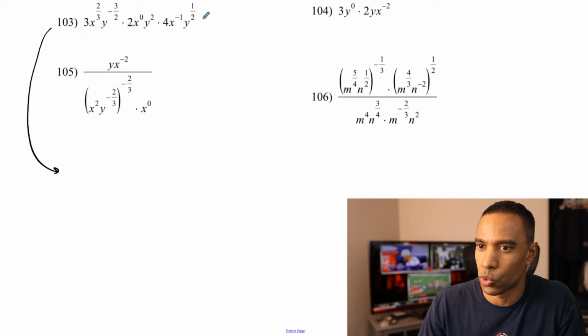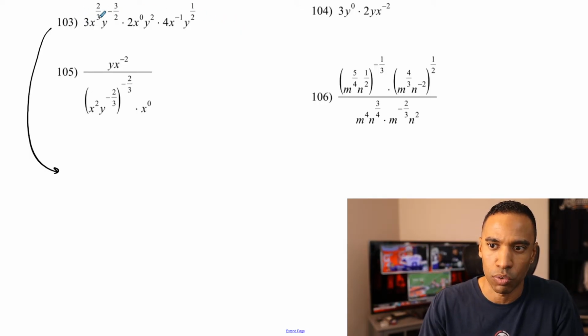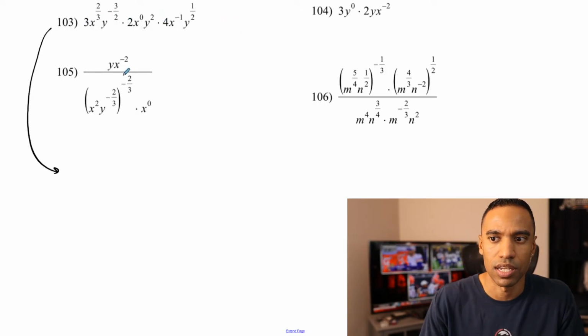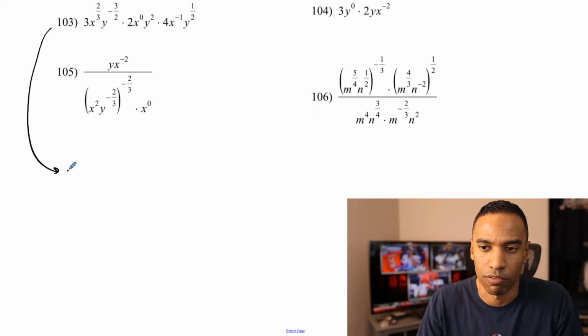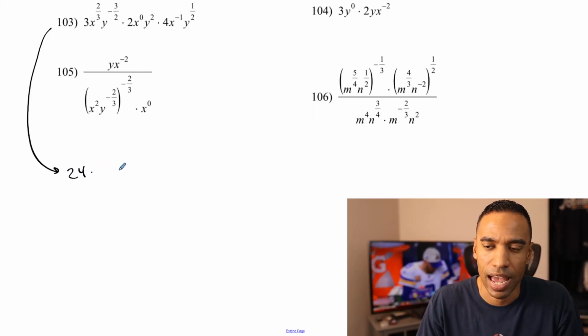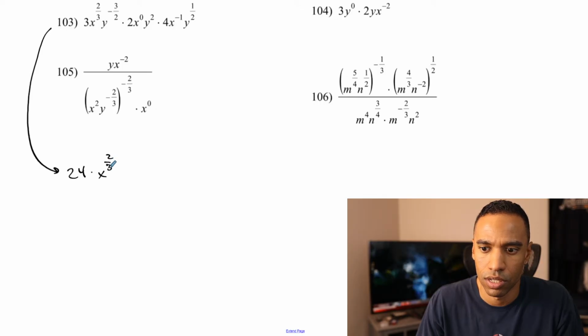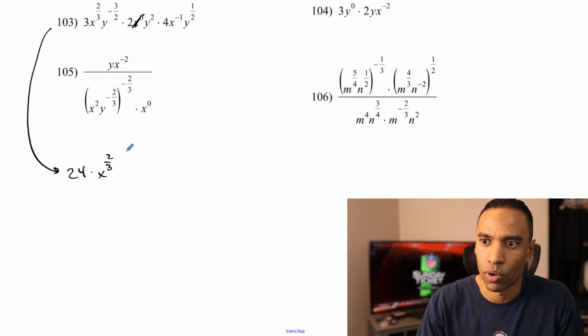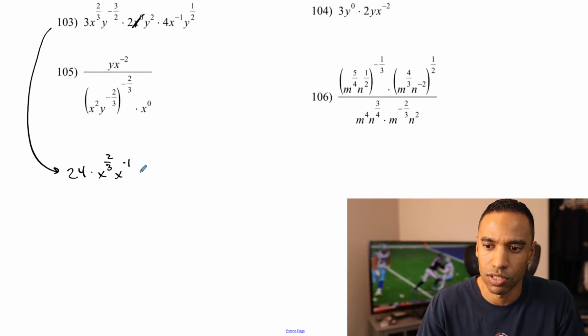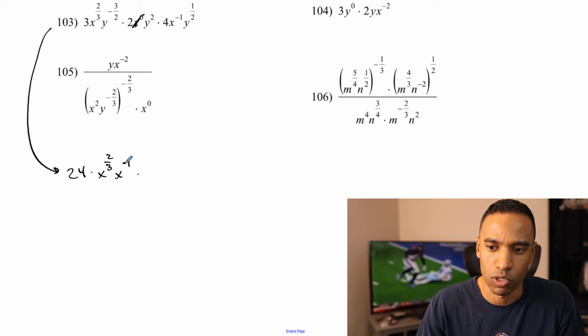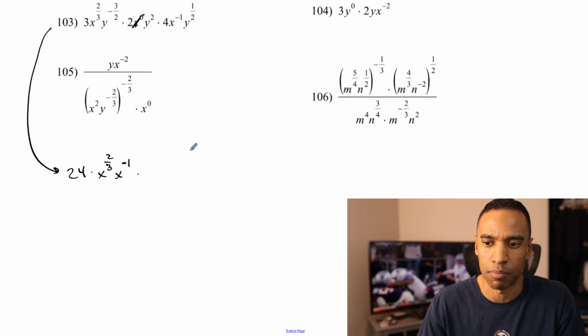Let's start by joining things as best as we can, like 3 times 2 times 4. That's 24. Then I have my x's. X to the 2/3 times x to the 0, I'm going to ignore that, times x to the negative first, times, and everything here is multiplying, but I'm kind of separating them by appearance here.